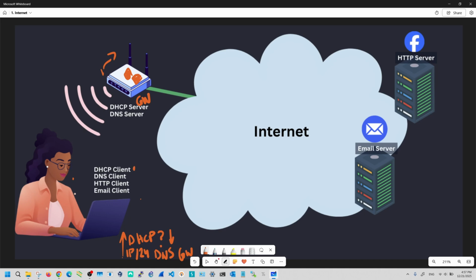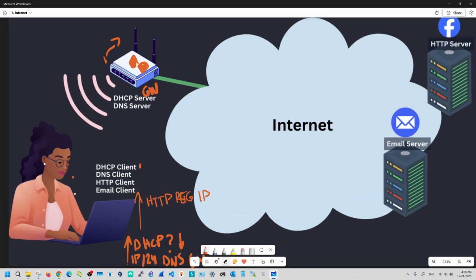Let's say that she wants to access Facebook.com. She will need to send an HTTP request to Facebook.com's IP address. In order to do that, she will first need to find out the IP address of Facebook's server. So she will consult her DNS server, which is a service running on her home router. She will send a DNS request and ask, what is the IP address of Facebook.com?